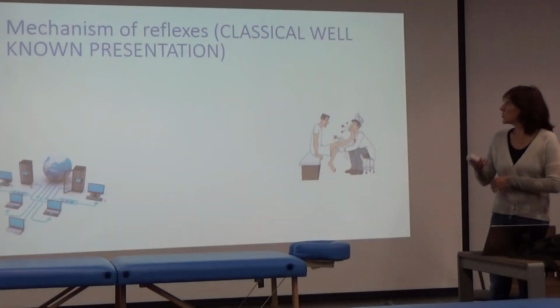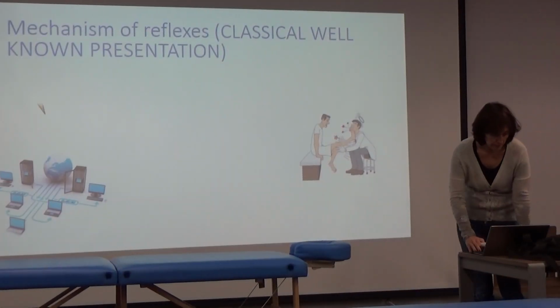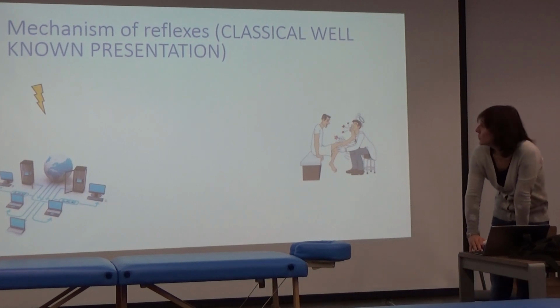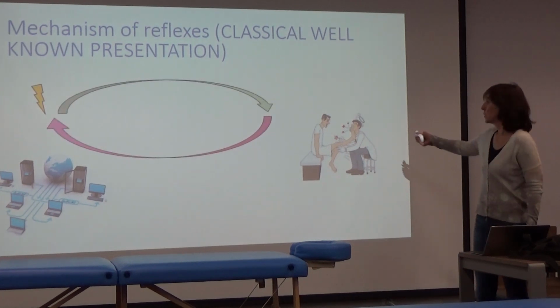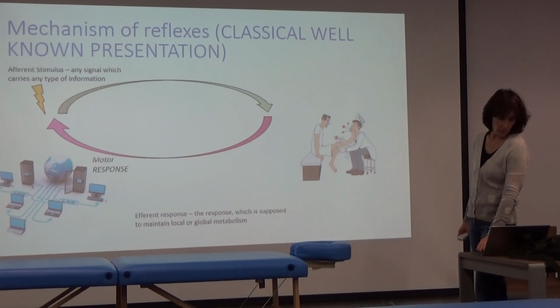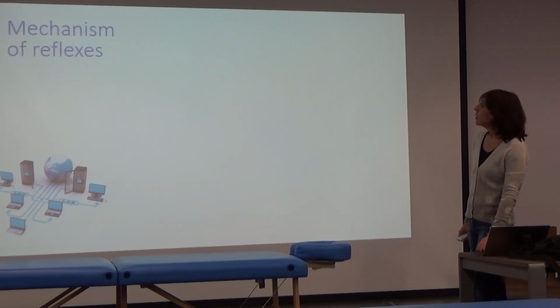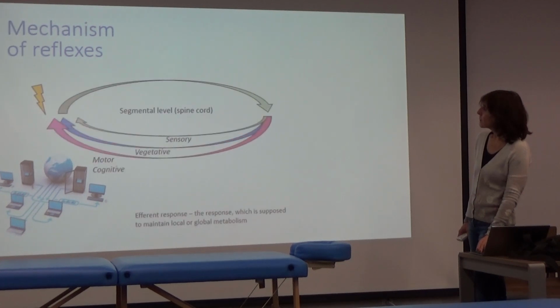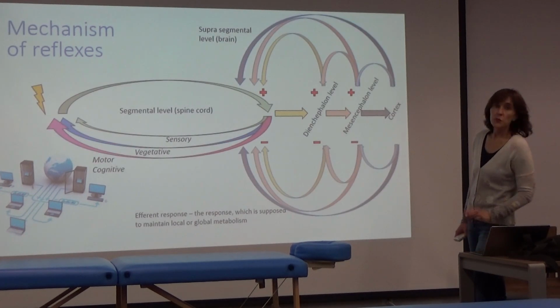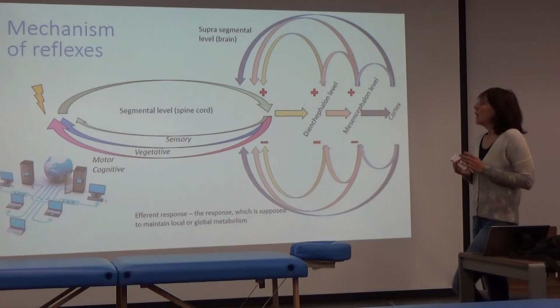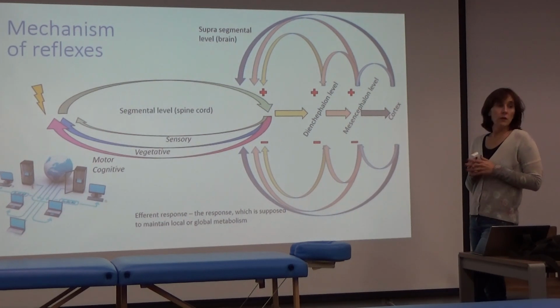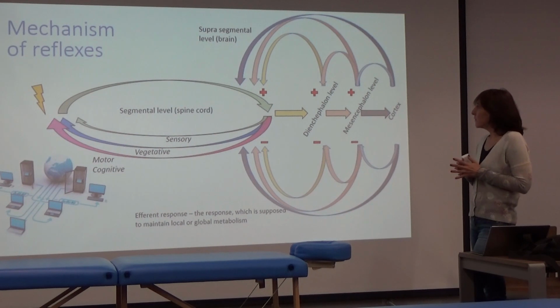How is the reflex regulated? First, we get a stimulus, and that's what we normally see in the pictures. But in reality, it's much more complicated. The stimulus could cause different reflex activity.